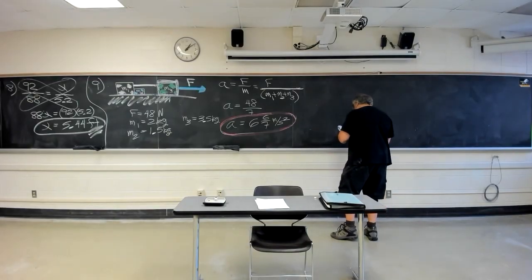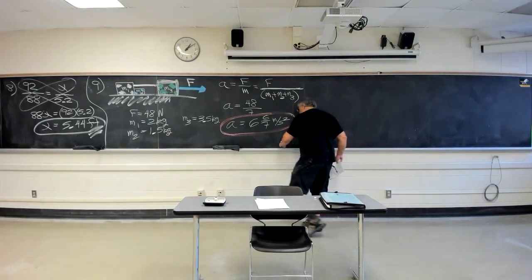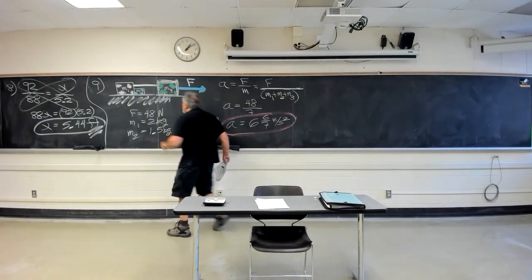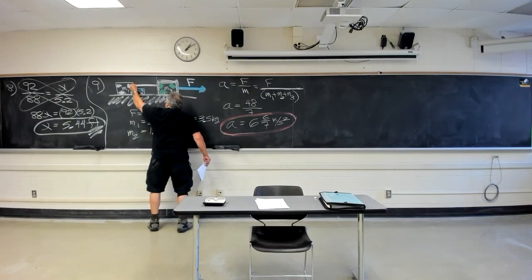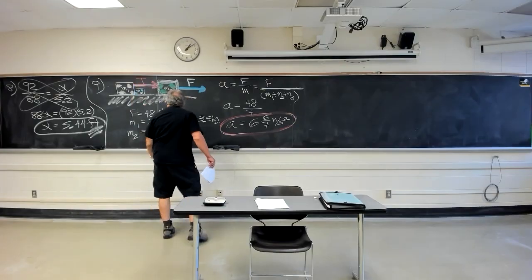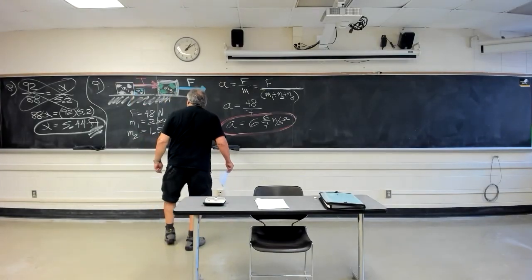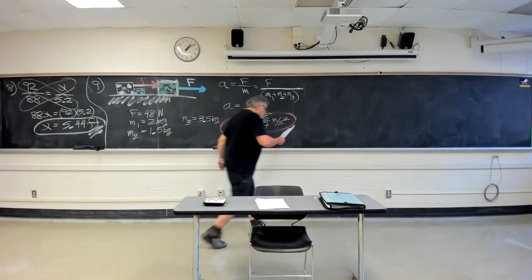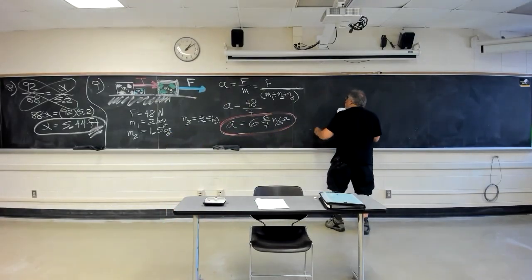You're talking about a situation where the tension, and this will be the tension, tension T, pulling that way. I don't know that that's the greatest drawing in the world, but let's keep going.